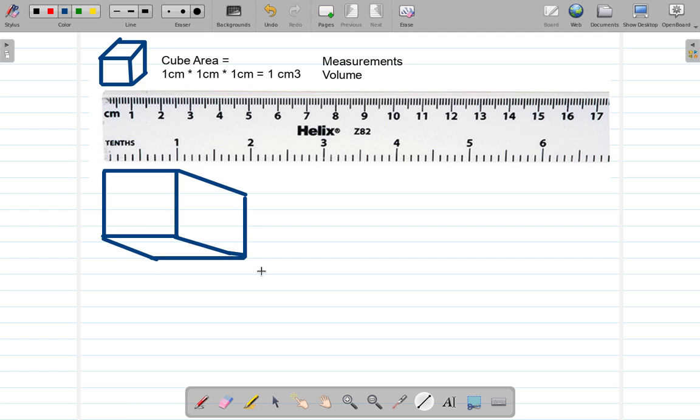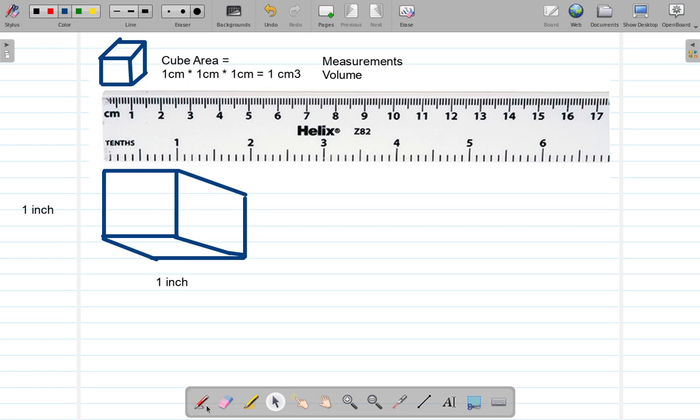What you get again is a cube. It has all the sides equal in length, and here it is 1 inch wide, it is 1 inch high, and it is 1 inch long.